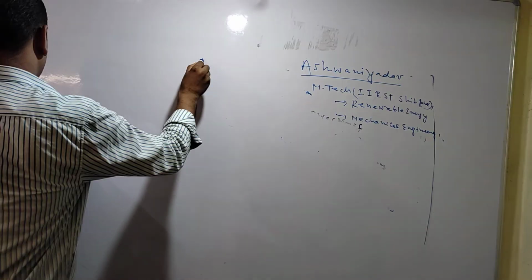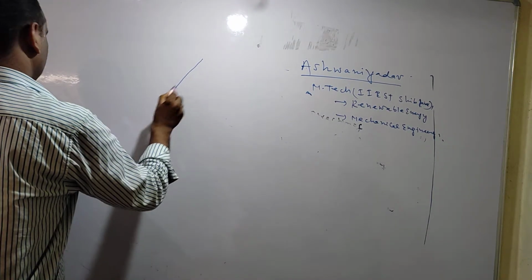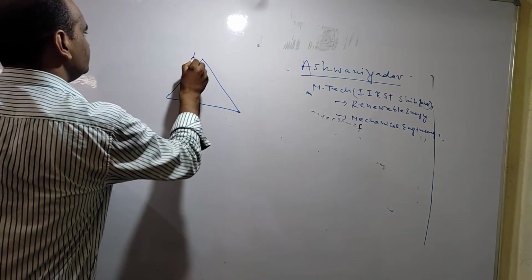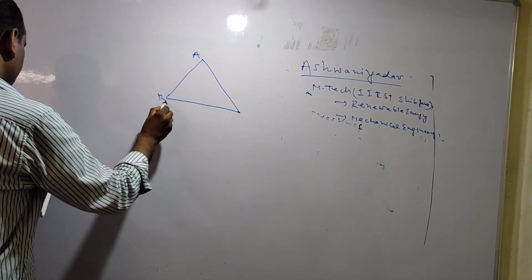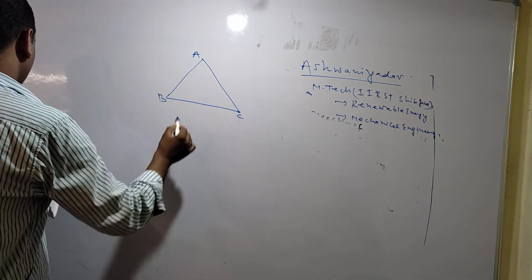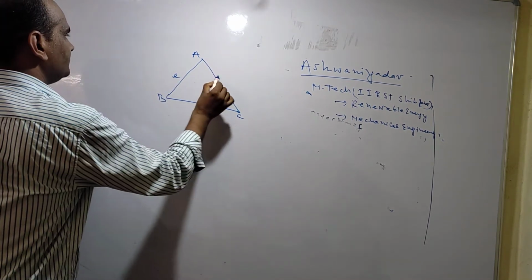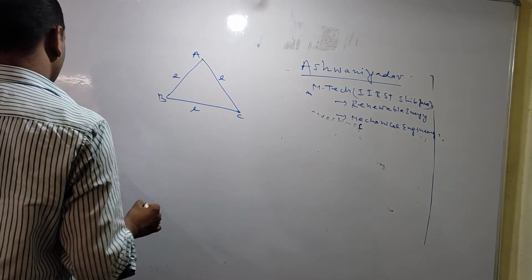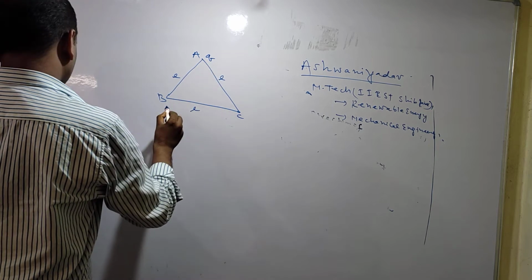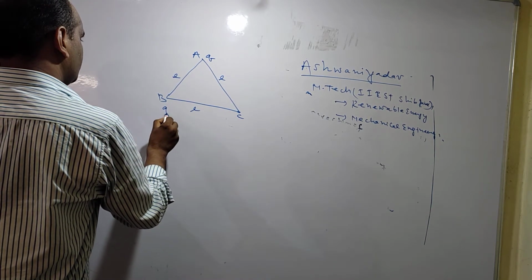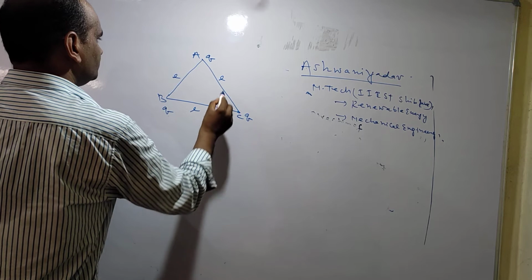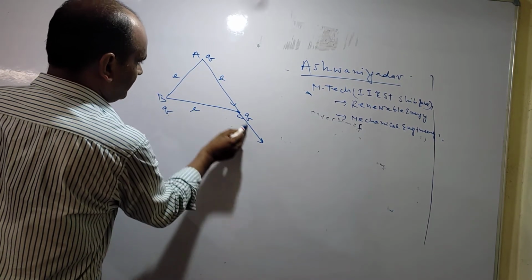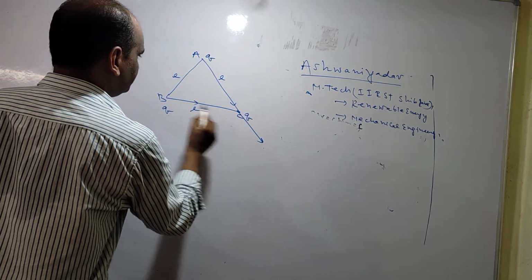Now, some easy problems for you. We have A, B, C, vertices of an equilateral triangle. The sides are L, L, and L, and we have charges Q, Q and Q. The net force will act along this line.